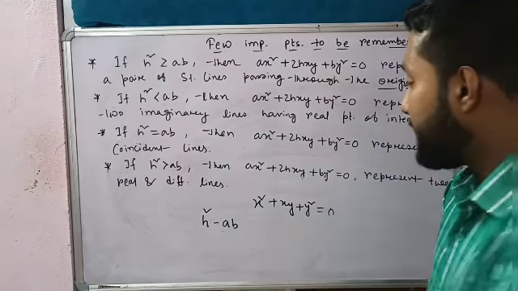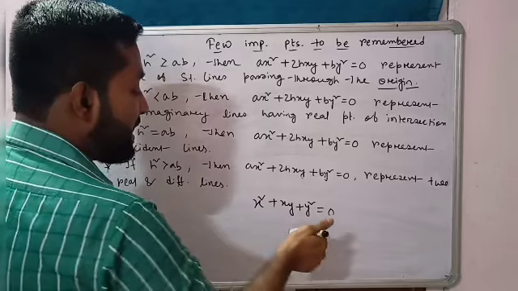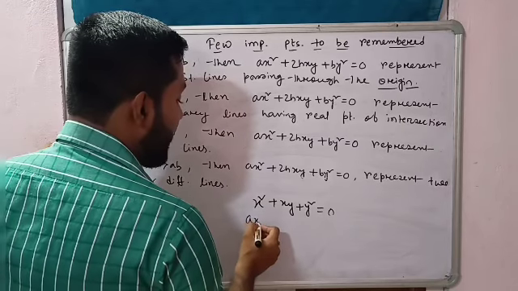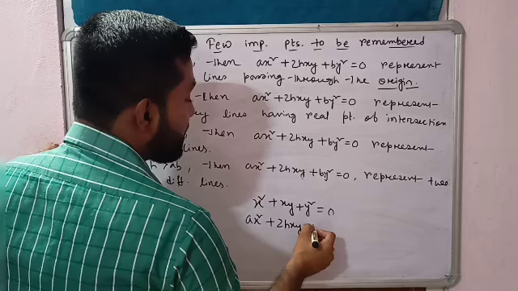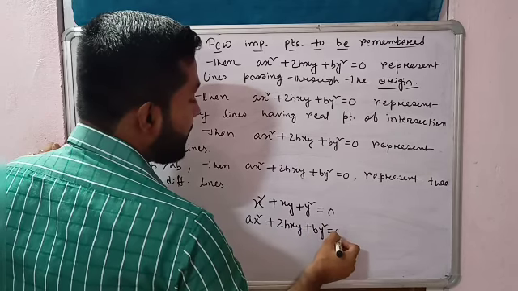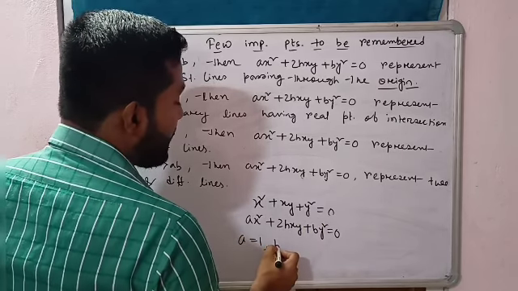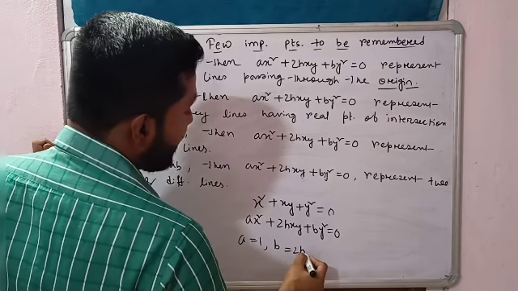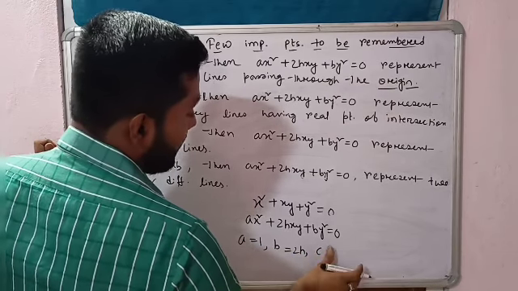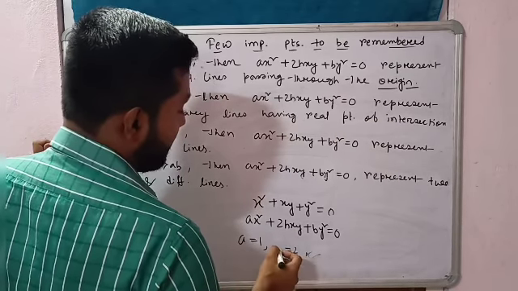Okay, so for this what you have to do, first of all you have to compare this equation with the standard form. The standard form is ax square plus 2hxy plus by square is equal to 0. So what is the value of a? a is equal to 1. What is h?